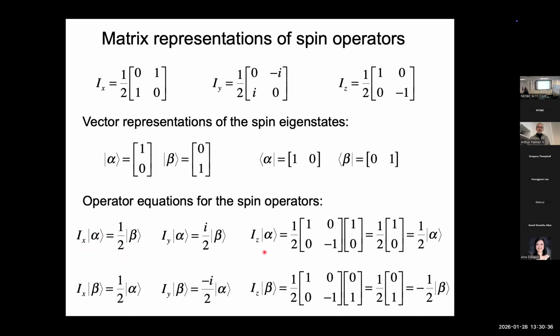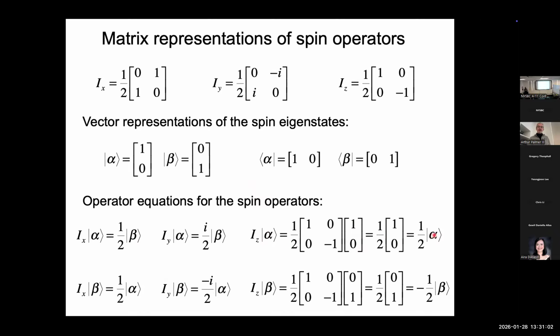So, for example, here is IZ acting on the alpha state. IZ is 1/2 of the matrix 1, 0, 0, -1. Alpha is the column vector 1, 0. I do the math, and then I recognize the result is just 1/2 alpha. So IZ acting on alpha gives back 1/2 alpha.